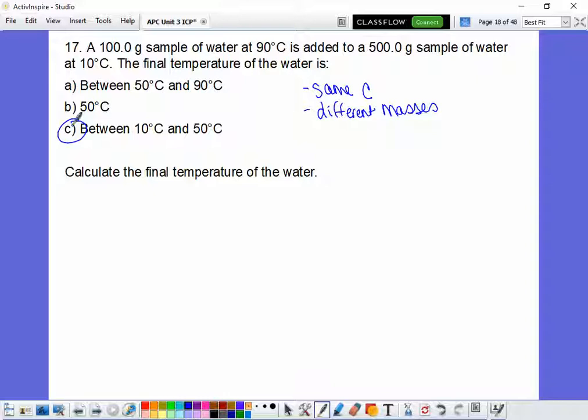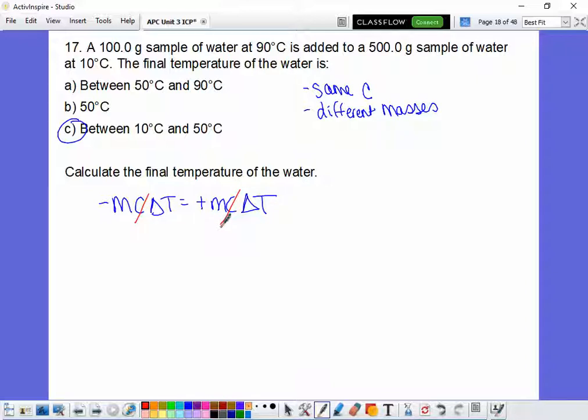Now let's do the algebra, which you might need a calculator to confirm that. But the multiple choice part of this is a perfectly valid multiple choice question. Okay? So negative MCΔT equals positive MCΔT. Can we cancel anything? Yeah, we can cancel the C's. It makes that algebra a little bit easier, unlike in number 15 where everything was different.